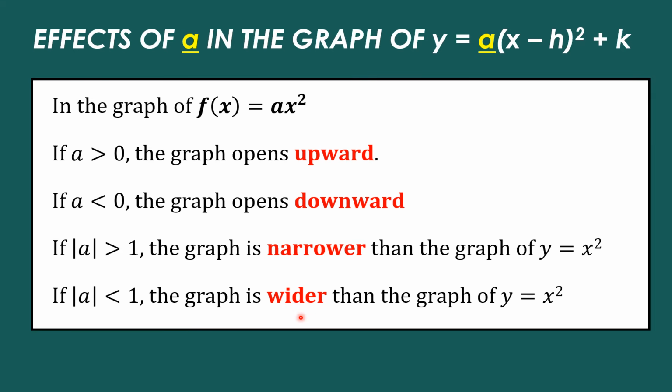Ibig sabihin, mas malapad. That means the value of a in the quadratic function can affect the direction and opening of the graph. It may open upward or downward. It can also affect the shape of the graph. Maaari siyang maging narrower o kaya naman ay wider.